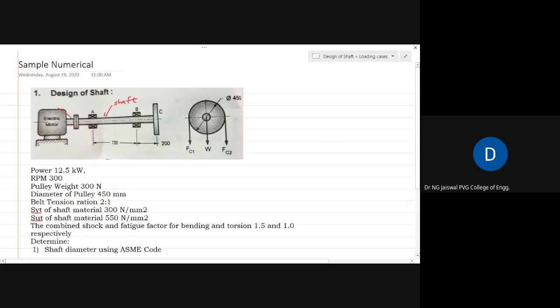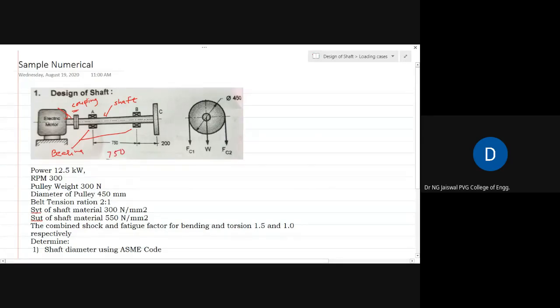This is the motor shaft. What you see here is the coupling that couples the two shafts. This and this are bearings or supports in general. The distance between the two bearings is given as 750 mm.